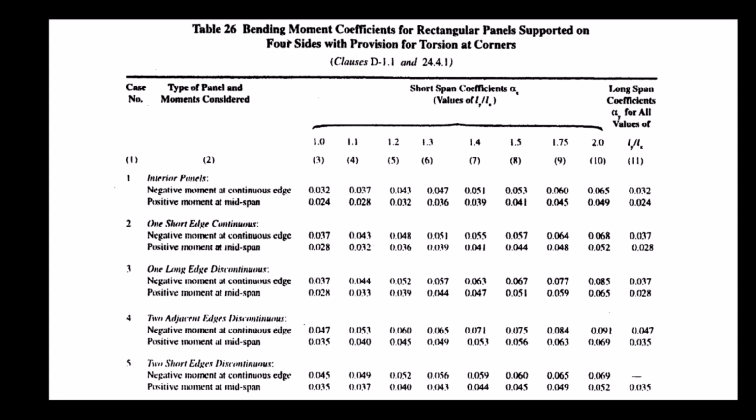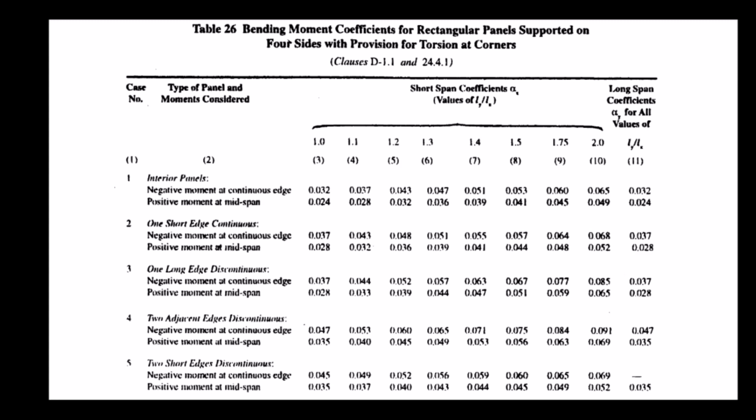In the next column, the short span coefficient, that is alpha x, is given. There are a few values of Ly by Lx. Depending upon the ratio of Ly by Lx, the value of alpha x will change. And in the last column from the left, that is the long span moment coefficient, alpha y, is given for all values. The Ly by Lx value is not the criterion for this, only the support condition is.